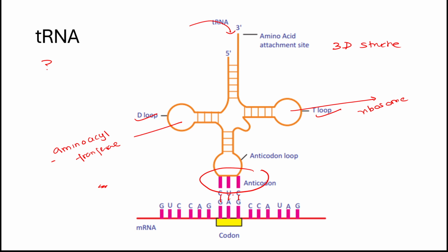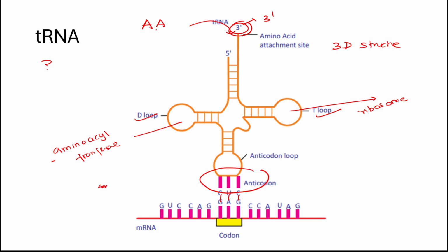But the anticodon doesn't have a direct relationship with the protein or the amino acid. The amino acid, in fact, binds to the adenosine group that you see at the 3' location.